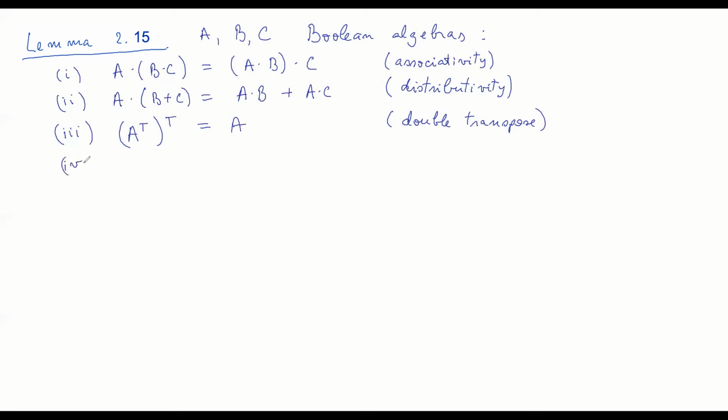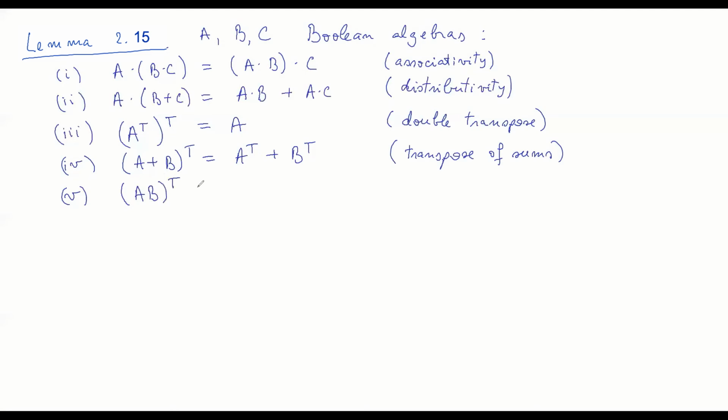The fourth property is that the transpose of the sum is the sum of the transposes. And finally, the last one that I wanted to formulate here is the transpose of a product. This is exactly B transposed times A transposed.